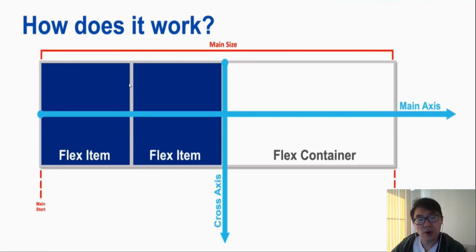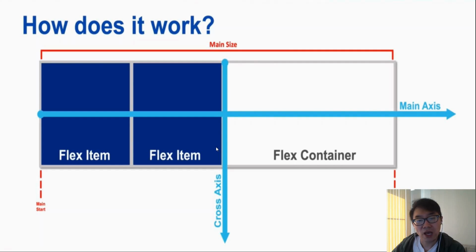Now, always perpendicular to the main axis is the cross axis, and this axis is commonly used for aligning items inside the flex container.